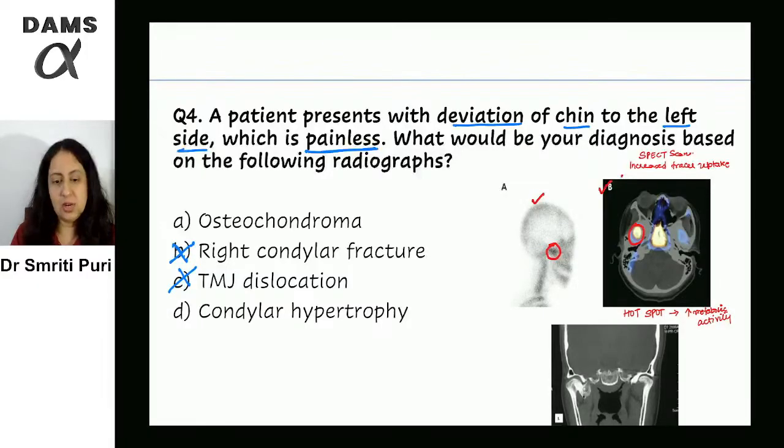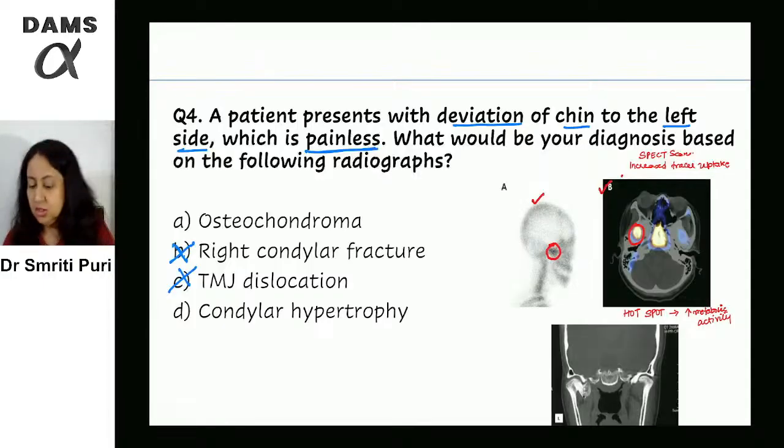It is not displaced. You can easily visualize it in the glenoid fossa in both the images. D is condylar hypertrophy. Yes, this can be one of the answers. So now the confusion remains between A and option D.